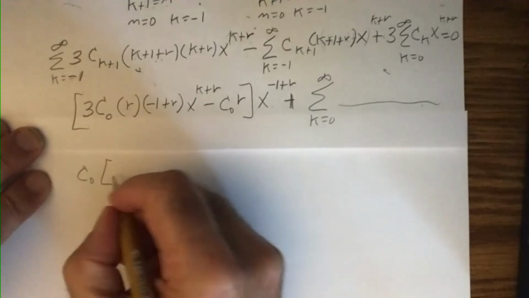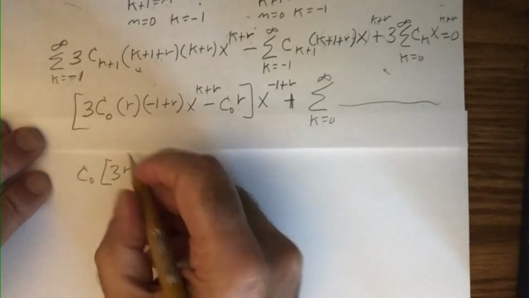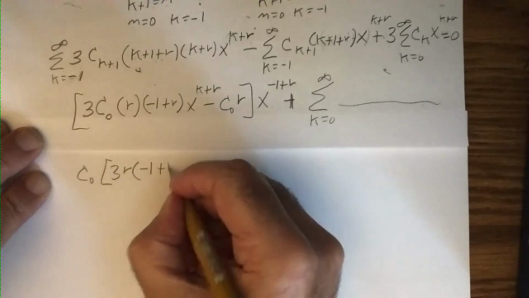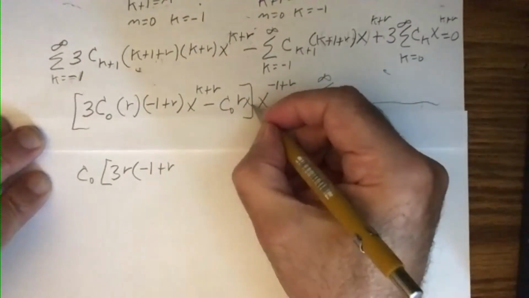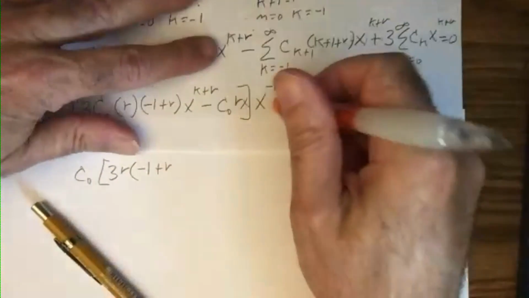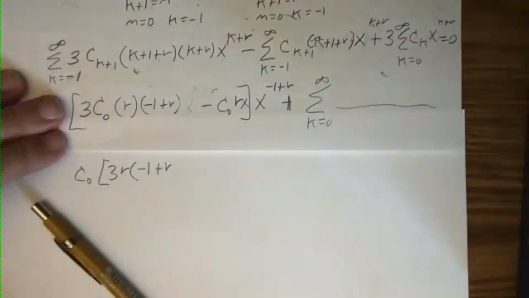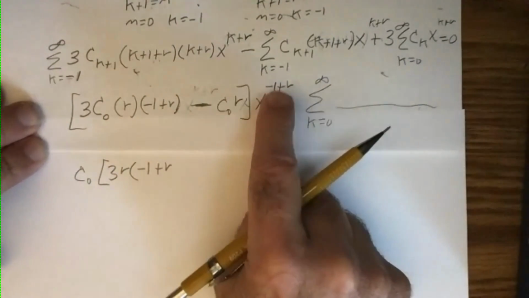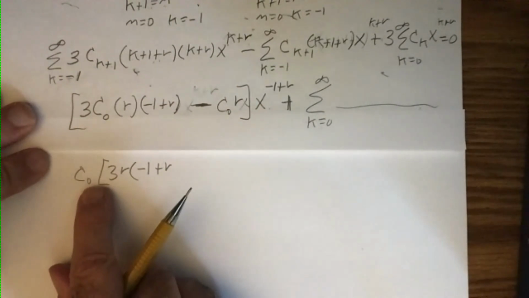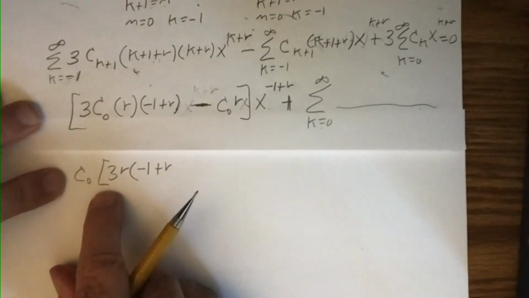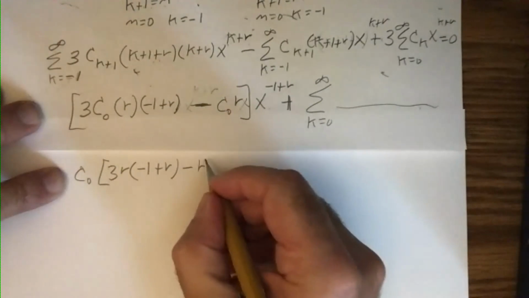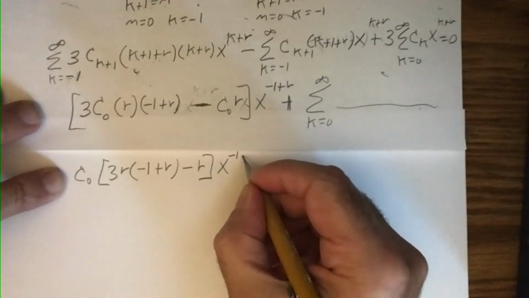I can factor out a C0, and I get 3R, factoring out the 3, -1 plus R. All I'm doing here is factoring out a C to the 0, and then this is times this.